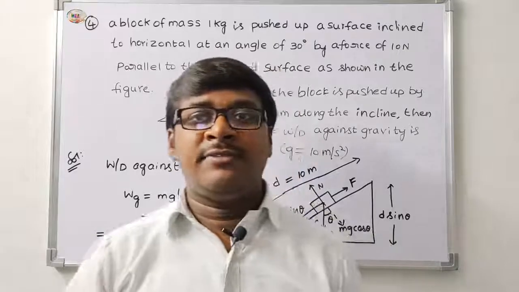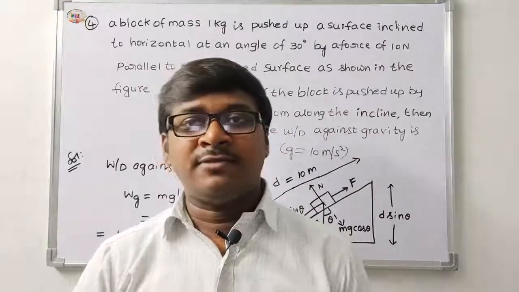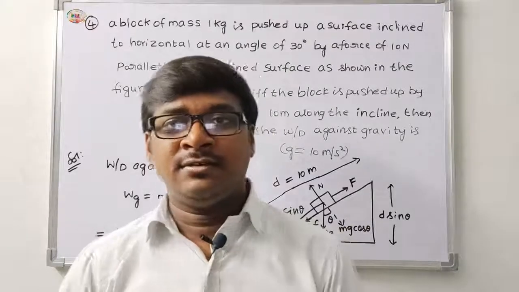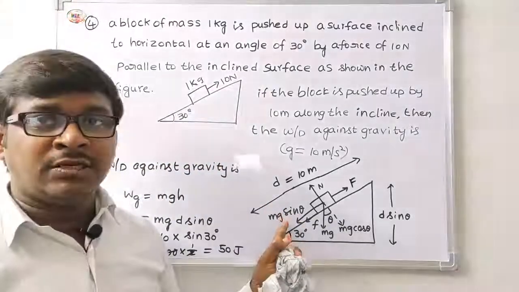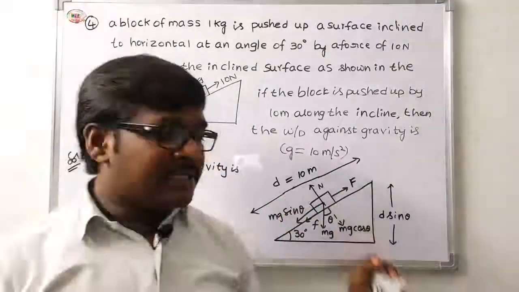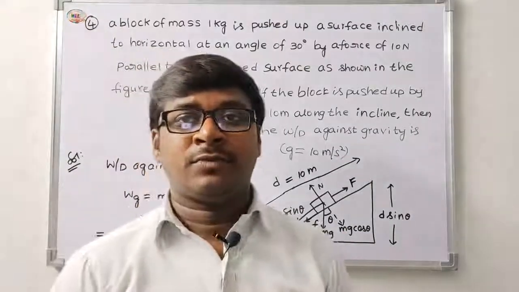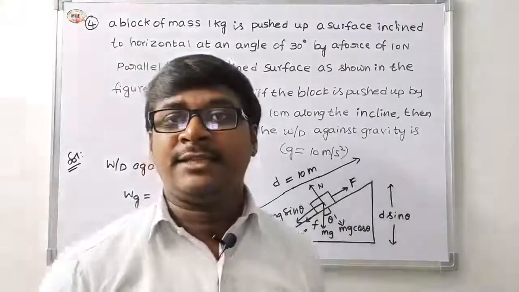Theta is resolved into two components. First one is the horizontal component, second is the vertical component. Horizontal component mg cos theta, vertical component mg sin theta. The distance covered on the inclined plane is 10 meter. The opposite side is the height. The height is taken as d sin theta.